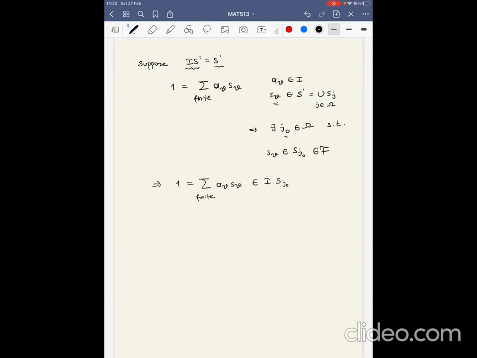Which is indeed in curly F. So that means this is a proper ideal of S_j0, but this gives us a contradiction because we find the unit in the ideal.